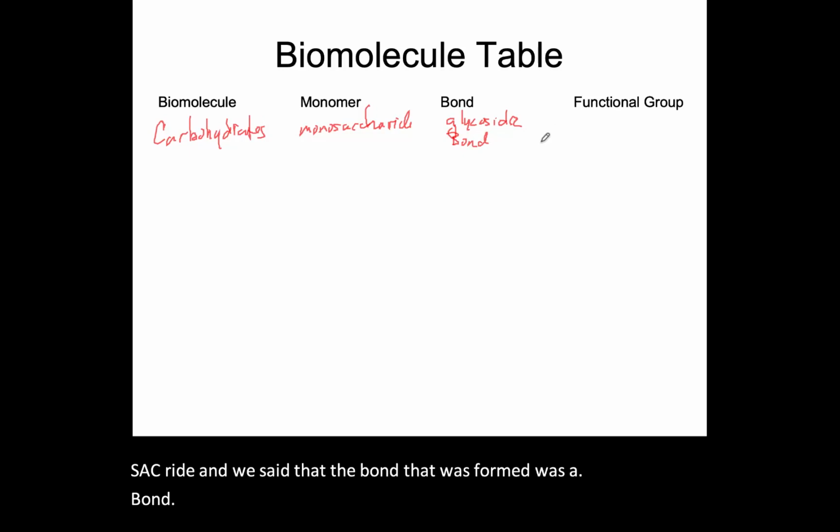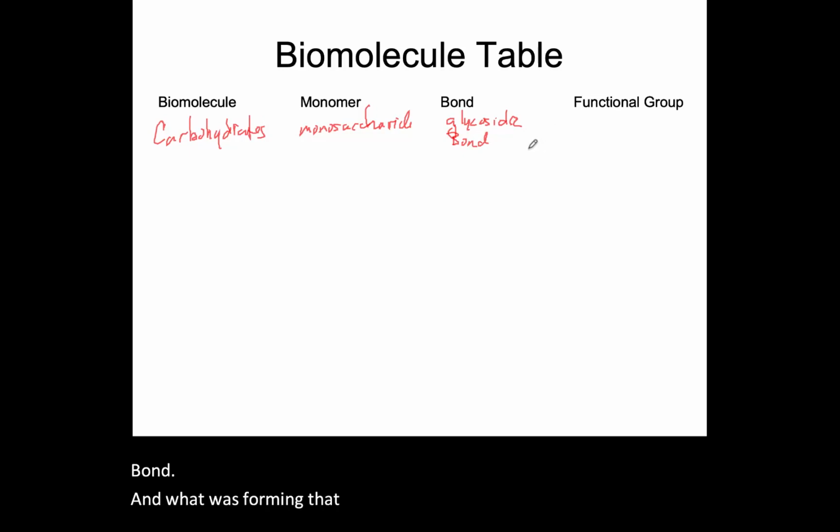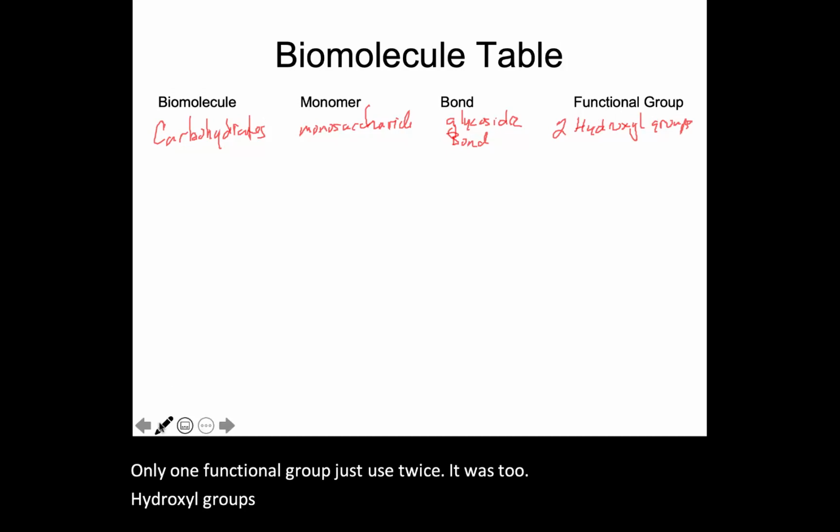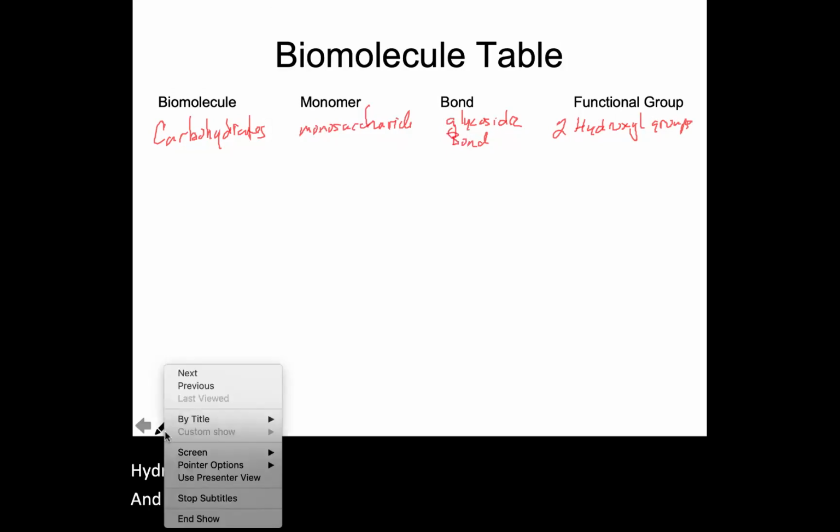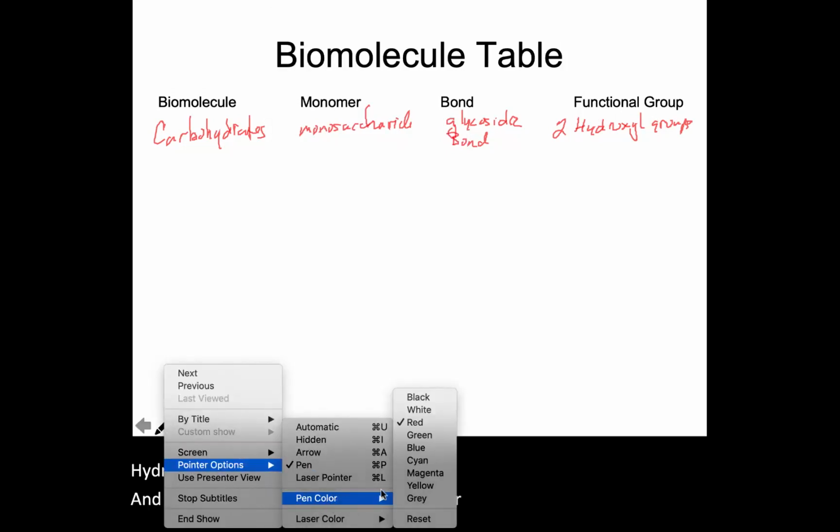And what was forming that glycosidic bond were the two functional groups, really one functional group just used twice. It was two hydroxyl groups. And so that was the first macromolecule or biomolecule that we looked at.